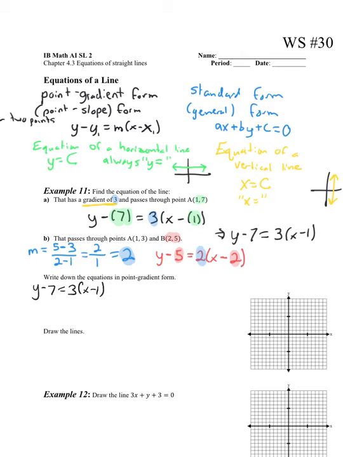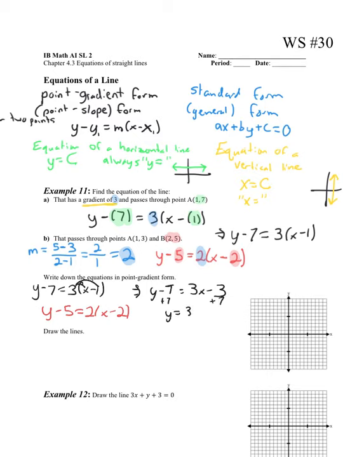And then the last part is to go ahead and graph them. So now, if I want to graph them, I do need to solve for y. So let's distribute this, and we'll have y minus 7 equals 3x minus 3. And then add 7 to both sides.